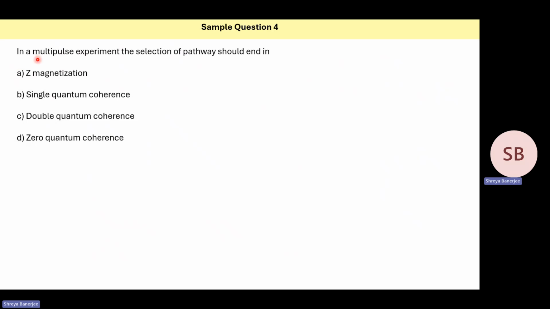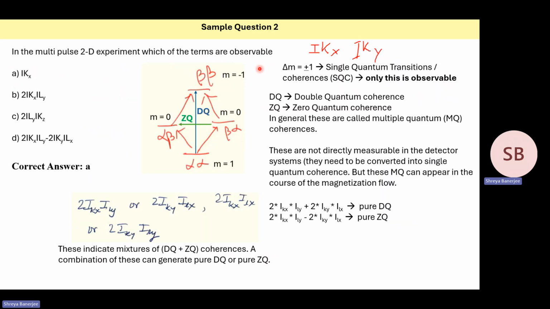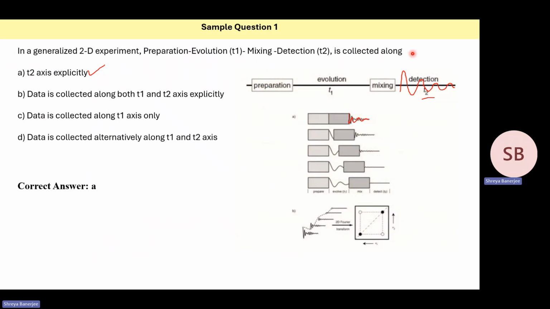Then again, a question based on similar theory: in a multi-pulse experiment, the selection of pathway should end in what? When we say the selection of pathway ending, what should you observe at the end? Whatever signal you get, you need to be able to detect it.